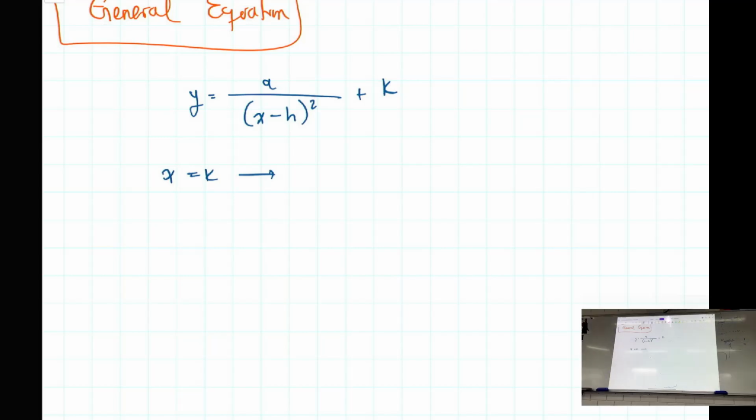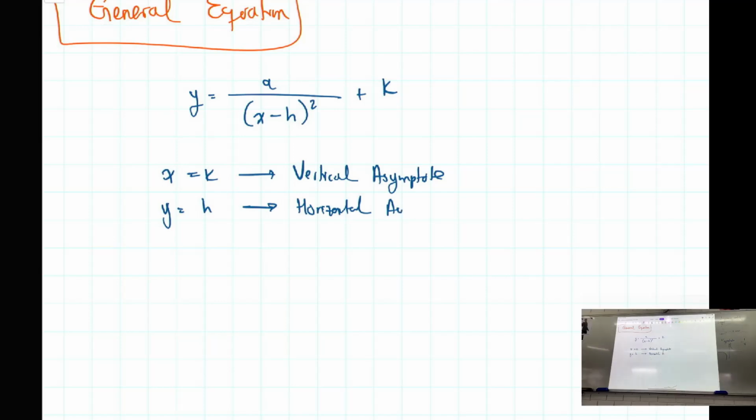But k here, similar to the hyperbola, will have a translation of my asymptote.